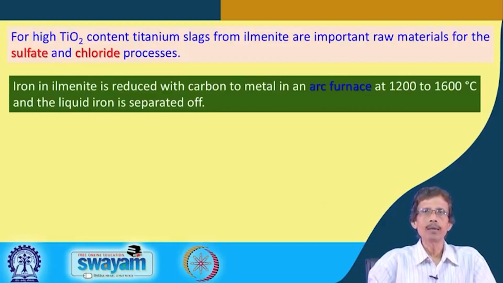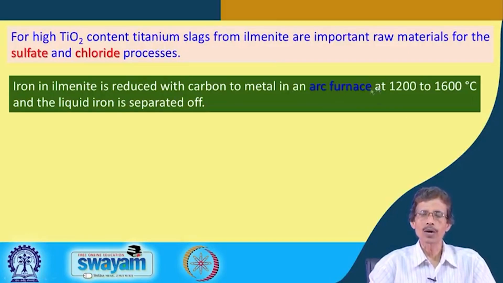So, the iron in the ilmenite, which we have already seen is FeTiO3 along with magnesium and manganese, you have to remove, otherwise that will not impart the corresponding brightness, opacity and white color to it. So, we have to reduce that particular iron, which is in the cationic form because it is iron titanate, and definitely we have to do it by carbon reduction in an arc furnace.